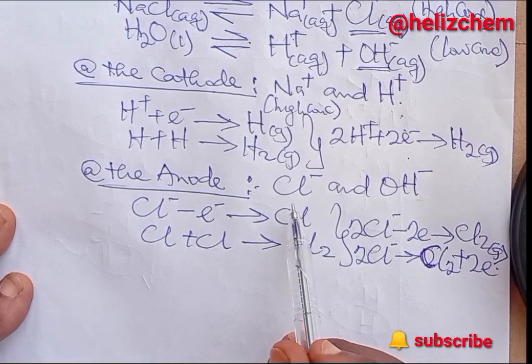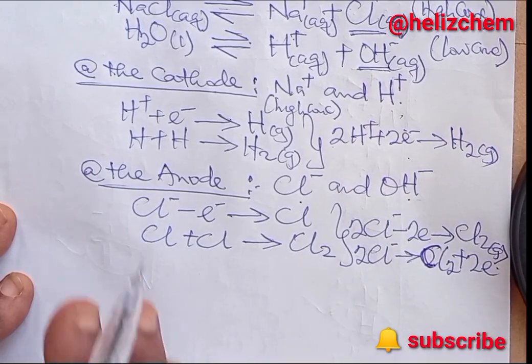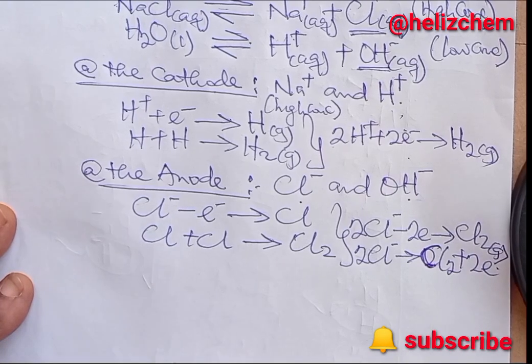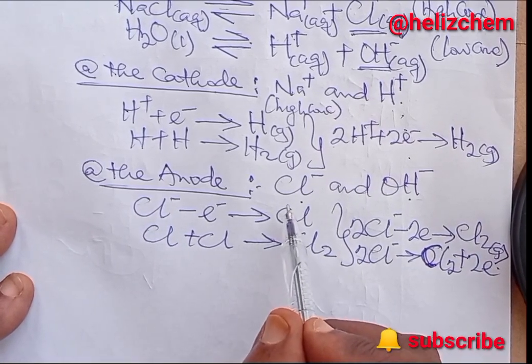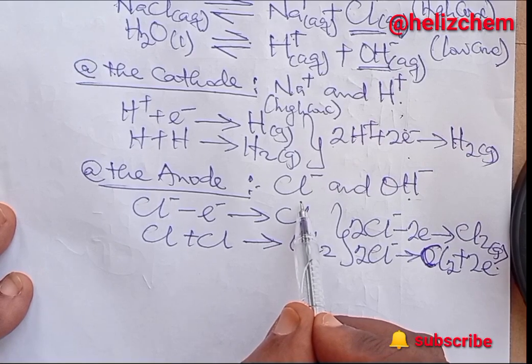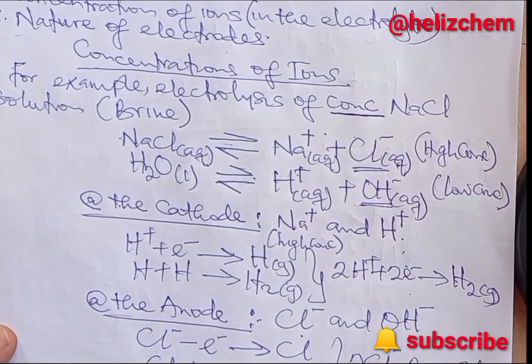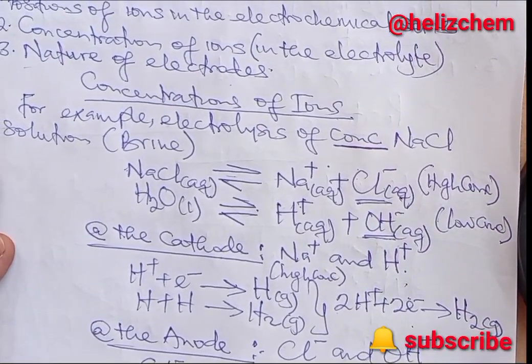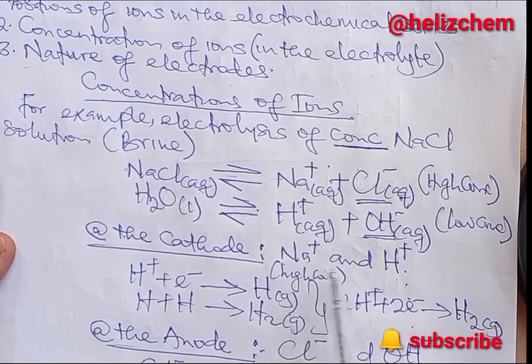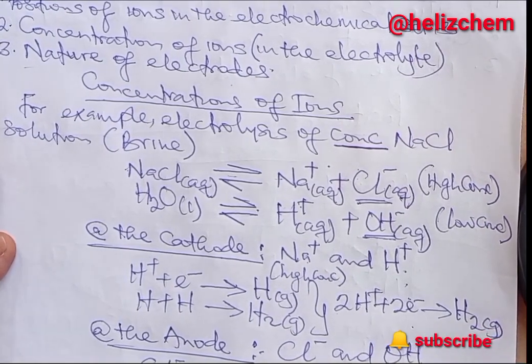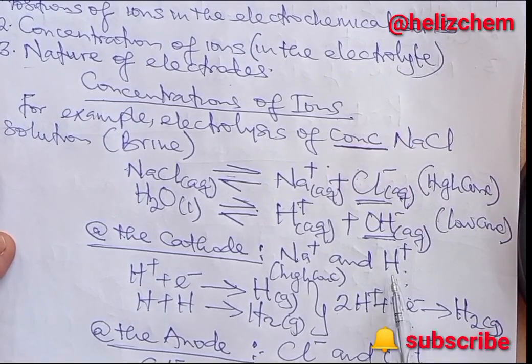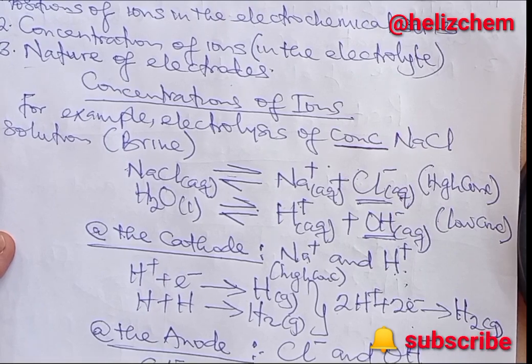Because if you look at the position of chloride ion and hydroxide ion, they are what? Not far from each other, and that is why the effect of concentration is effective in this discharge. But in that of sodium ion and hydrogen ion, they are far apart in the electrochemical series, and that is why you see that hydrogen ions are discharged in this case, making the effect of concentration less important.